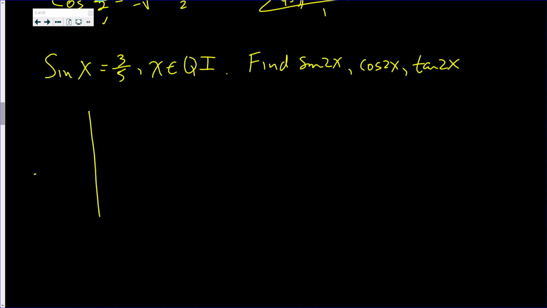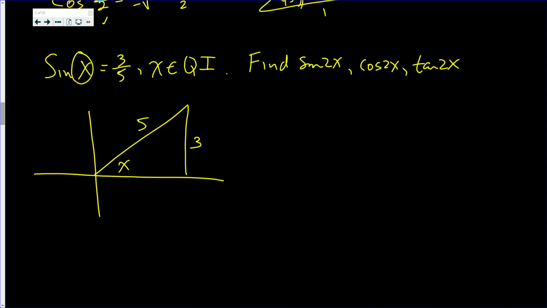I would first draw my triangle. This is angle x, because you take sine of angles and you get the opposite over the hypotenuse. And you should realize, oh, this is a 3, 4, 5 right triangle.